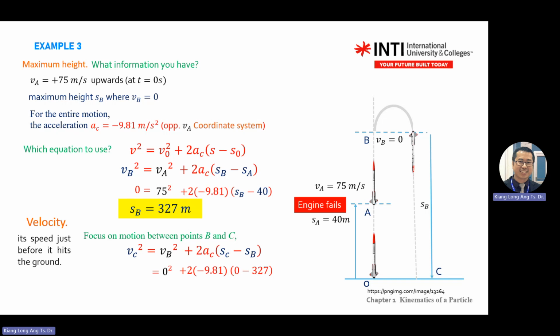In this case, VB is 0. In this case, we take SC minus SB. In this case, acceleration also. Hold on.